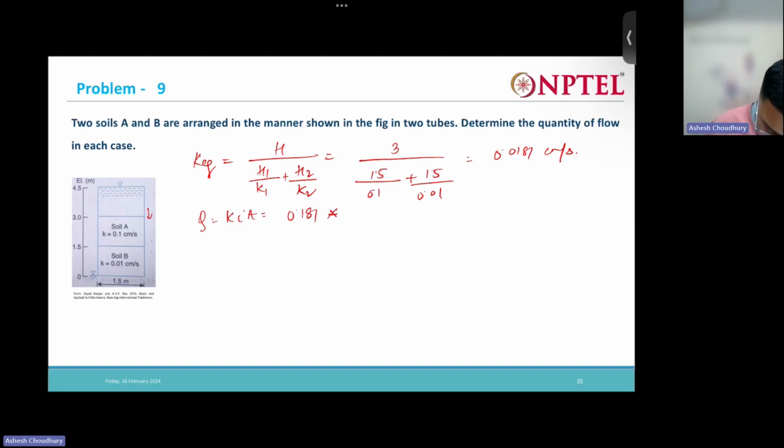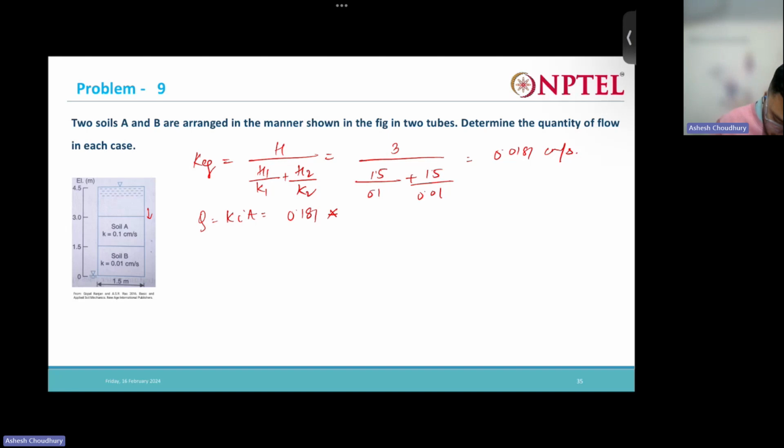K into I. I is what? I is the total head loss divided by length. How much is the total head loss? Just a second.